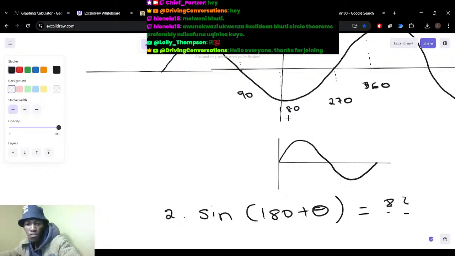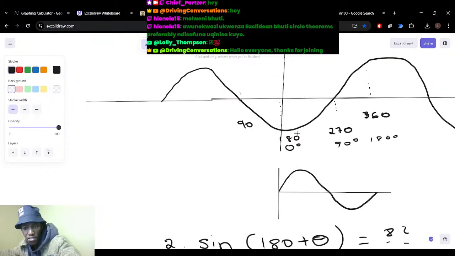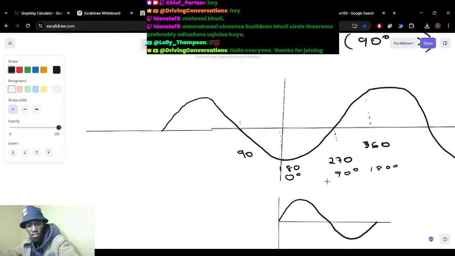So let's take this as 0 degrees instead of 180, and this is 90 degrees, this is 180 and so forth, right? But now look at the graph, which graph does it resemble? Just look at it carefully.